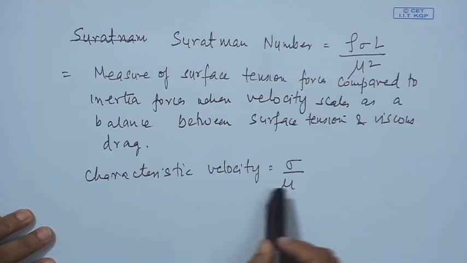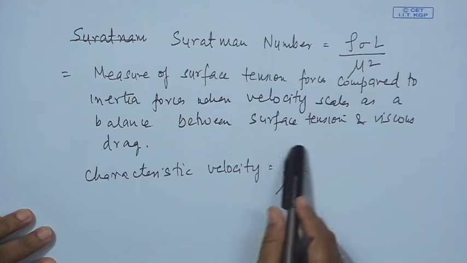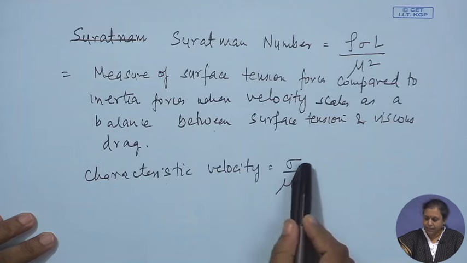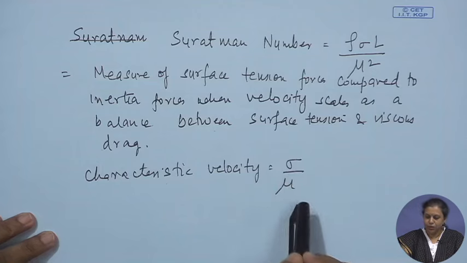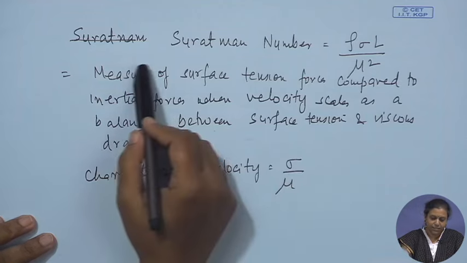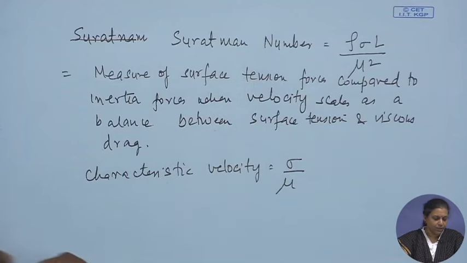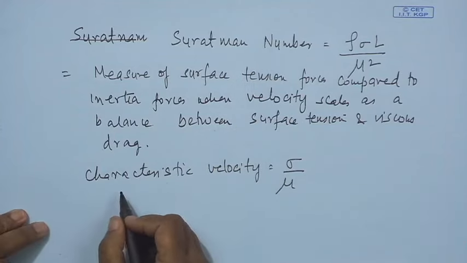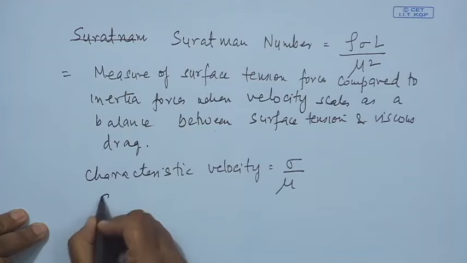On the other hand, if the velocity is replaced by the velocity in the capillary number, that is, sigma by mu, then we find that this Suratman number gives us a much better representation of flow characteristics in microchannel flows.